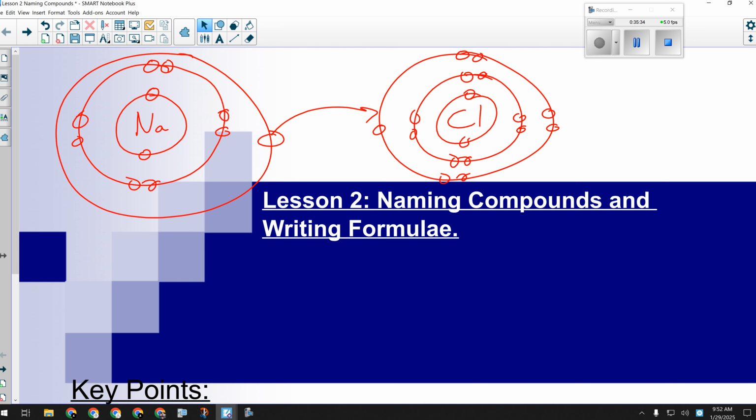Molecular compounds are the opposite. They don't donate their electrons. They don't trade them. They share them, which means that they're so utterly dependent on each other they can't fathom an existence without the other. They have to be together to have their outer shells full because they're sharing the electrons instead of giving them up. Everybody follow me on that?